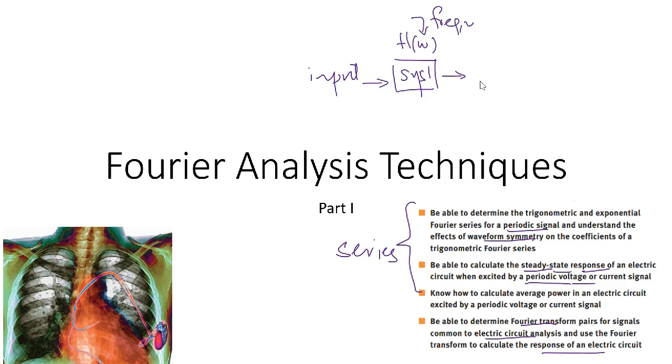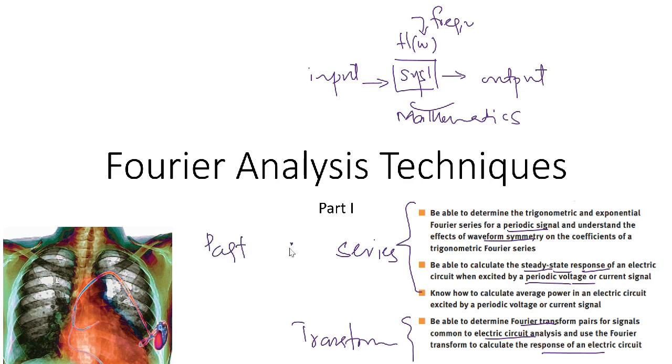So after that we can have our output, and this whole system and input and output will be in the form of some mathematics. So this is about the transform. So basically we are dividing this whole Fourier analysis technique into two parts. Part 1 is the Fourier series and part 2 is the Fourier transform.